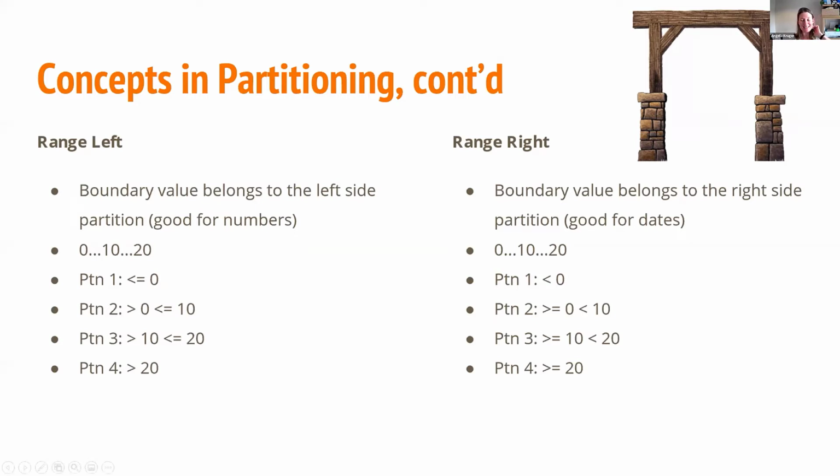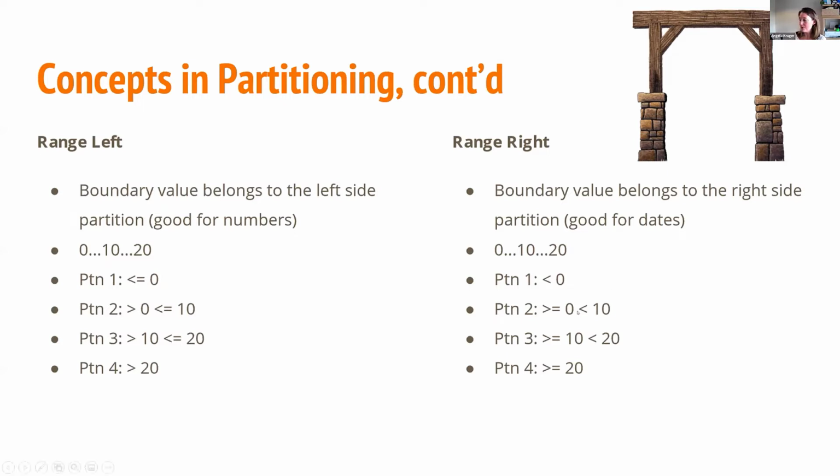When it comes to using dates, most people will use a right range for simplicity. If you think of monthly partitions for your sales, you have the 1st of January, the 1st of February, the 1st of March, etc. Depending on your actual date strategy, whether you're using datetime2 or datetime3 with a 0 scale, 0 precision, or a 7 precision, trying to do a less than or equal to can be fairly difficult to ensure that you capture everything.